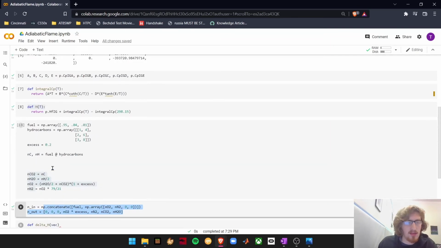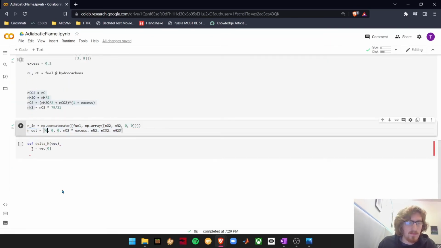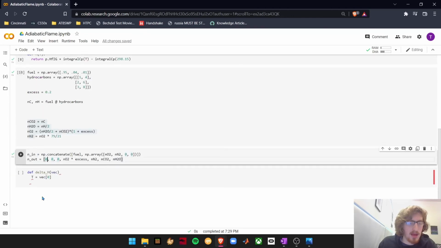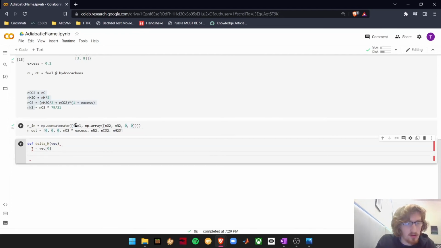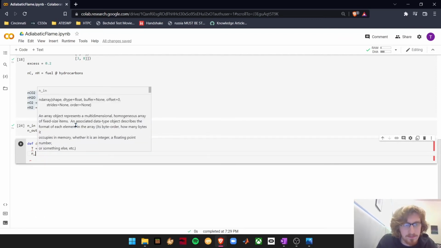And the reason we're doing that is because we want to find the enthalpy released by each of these substances throughout the process, or the amount of energy that it takes to heat them, depending on if it's positive or negative, and then also the amount of enthalpy that they came in with. And then we can take the difference between those two, and that'll let us solve for the output temperature of the flame.